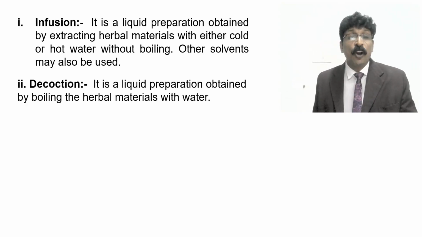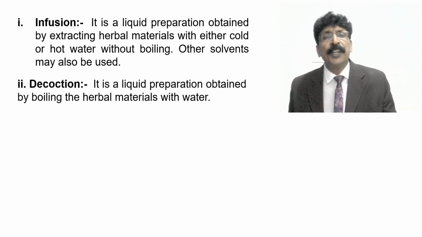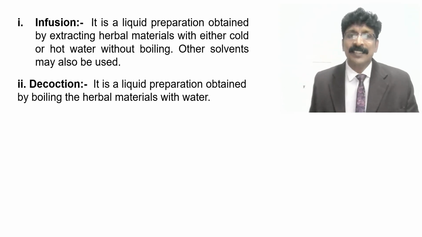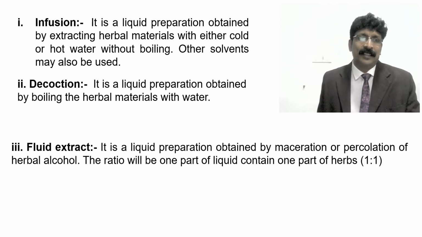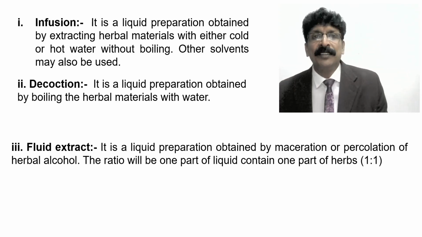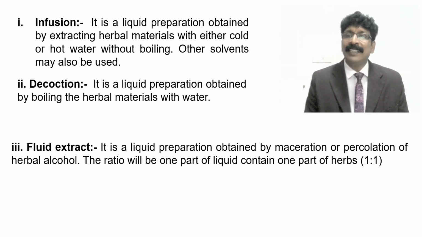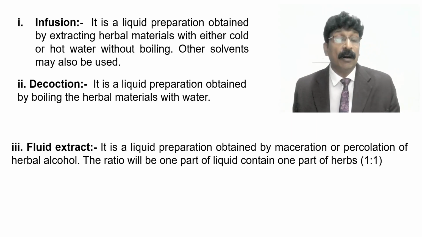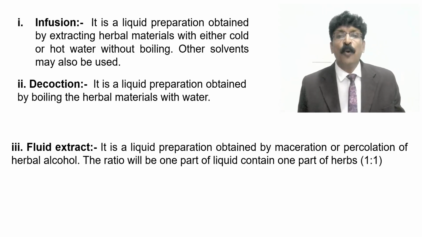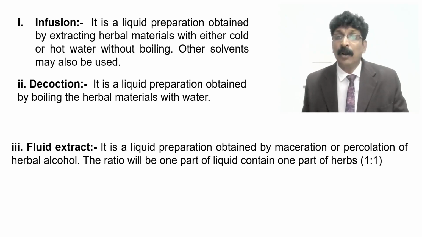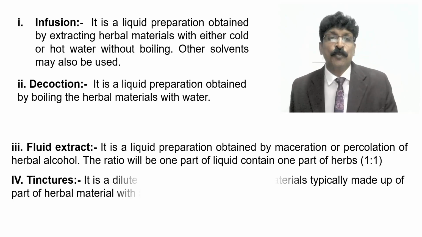Number 2, decoction: a liquid preparation obtained by boiling the herbal materials with water. Number 3, fluid extract: a liquid preparation obtained by maceration or percolation of herbal material with alcohol. The ratio is 1 part of liquid containing 1 part of herbs, 1:1.